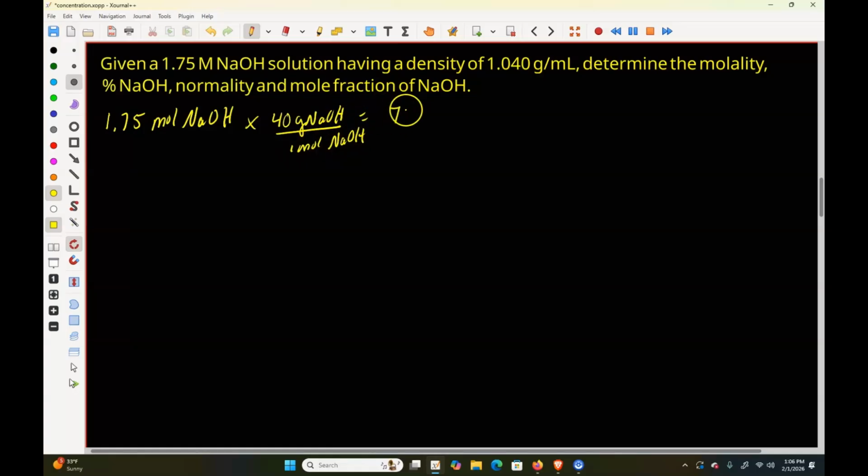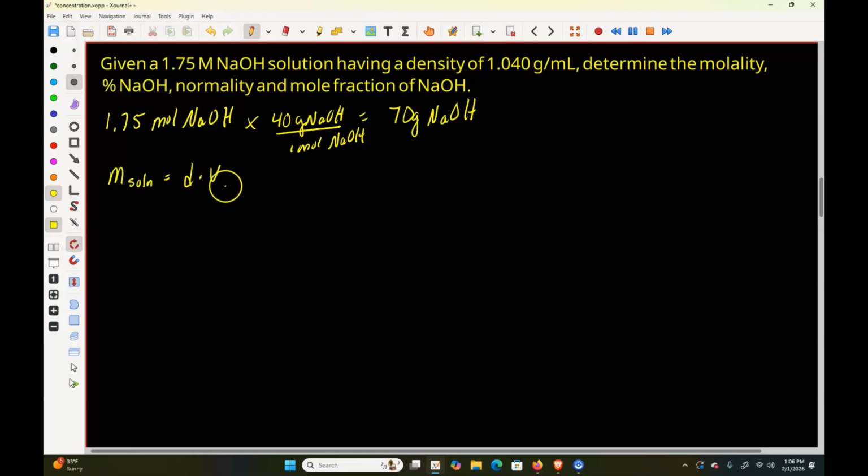This gives me 70 grams of sodium hydroxide. And we have the density here. Let's convert that density into mass of solution. So the mass of solution will be the density times volume.